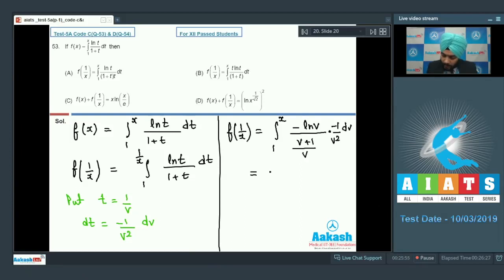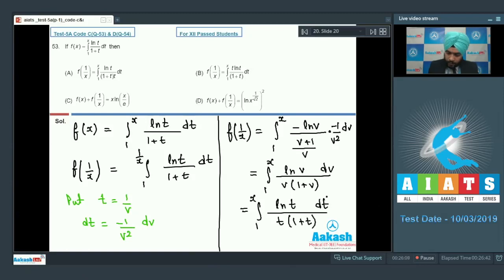So students, we get here 1 to x ln v upon v into 1 plus v dv. By the change of variable, it can be written as 1 to x ln t upon t into 1 plus t dt. So that means option number A is correct, B is wrong.